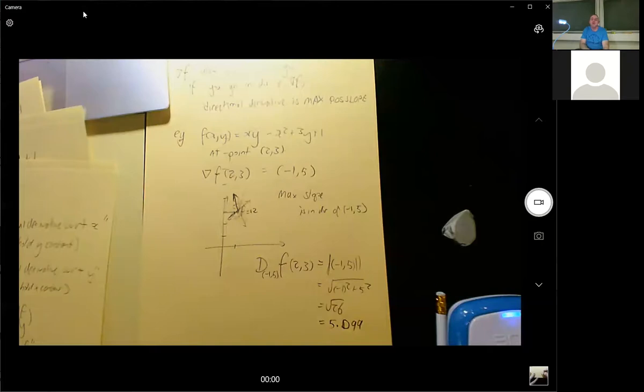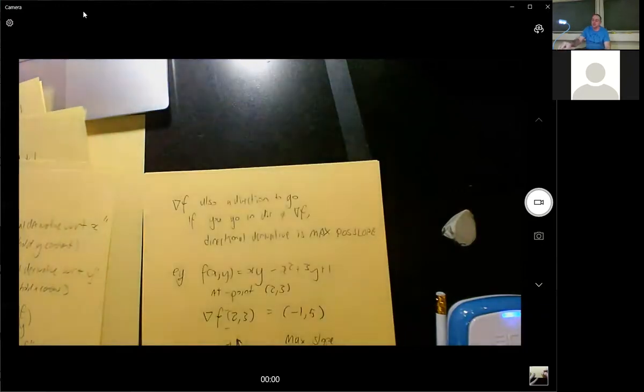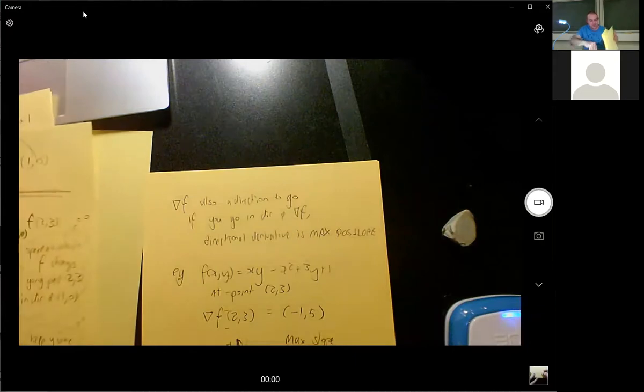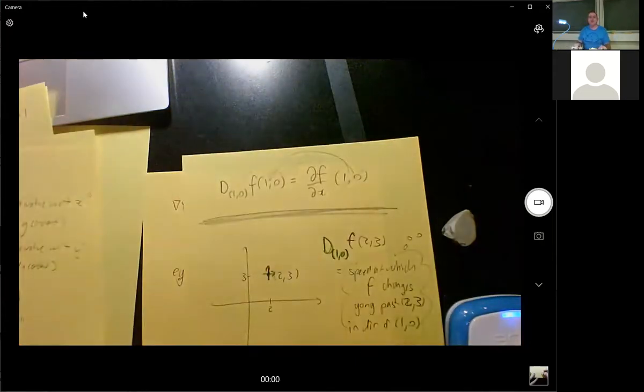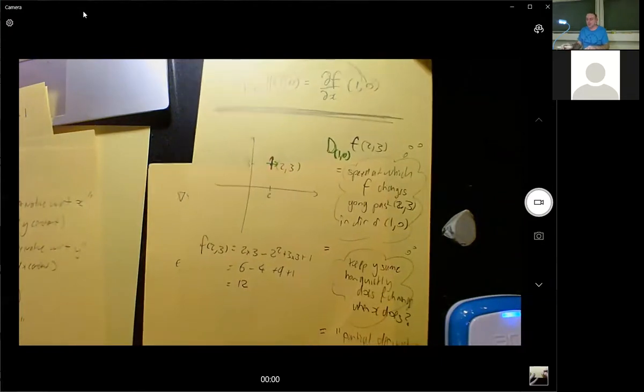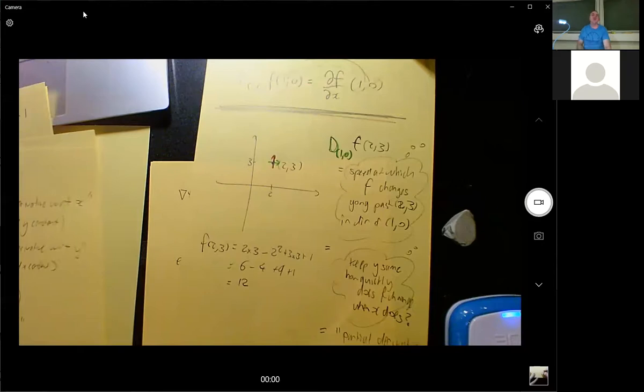How are people feeling about what's happening here? Where did you get f equals 12 from? Oh, I subbed it in. f equals 12. I did that back here. I subbed in 2, 3. Yeah, that's why I keep talking about the number 12.